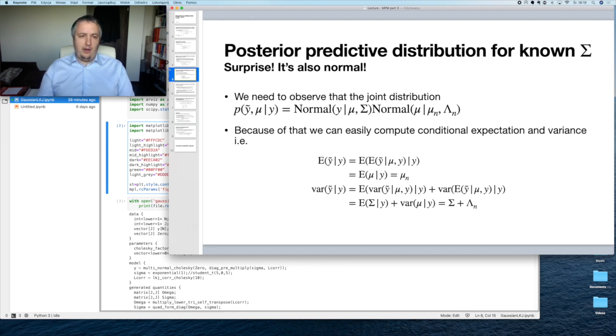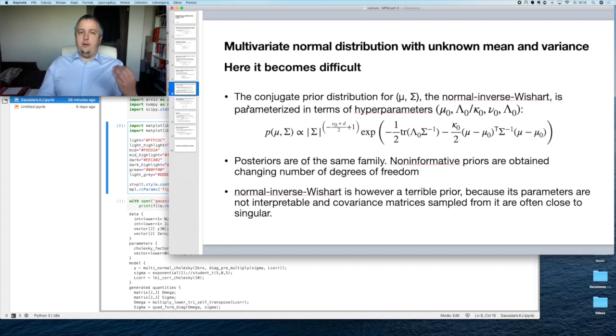And this also happens here, because we can do something when we have unknown mean and variance, but it becomes much more difficult. In particular, the problems start to occur during the formulation of the conjugate prior distribution, because such a distribution exists.